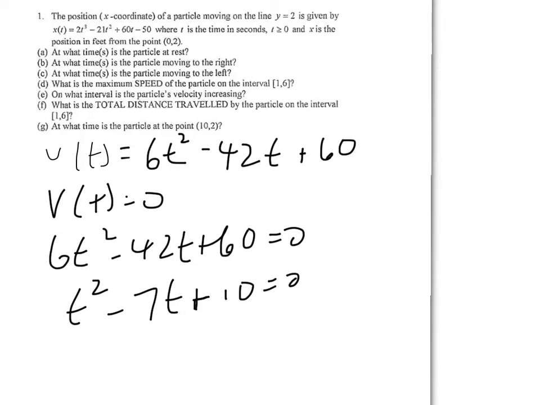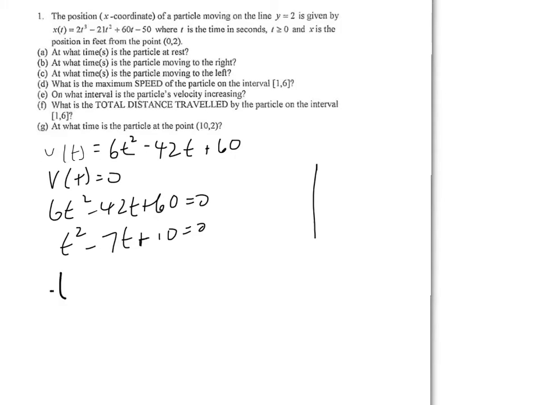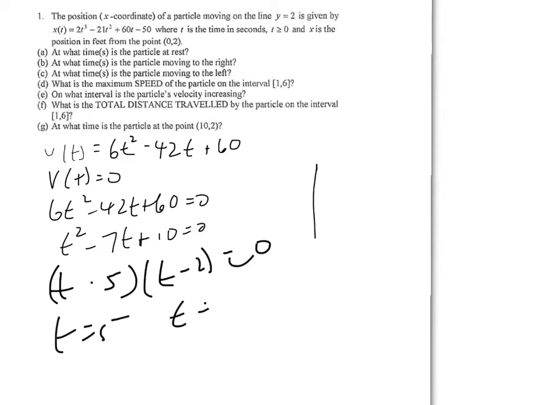Factoring that, we get t minus 5, t minus 2 equals 0, so t is equal to 5 and t is equal to 2. So the particle's at rest at those two times.